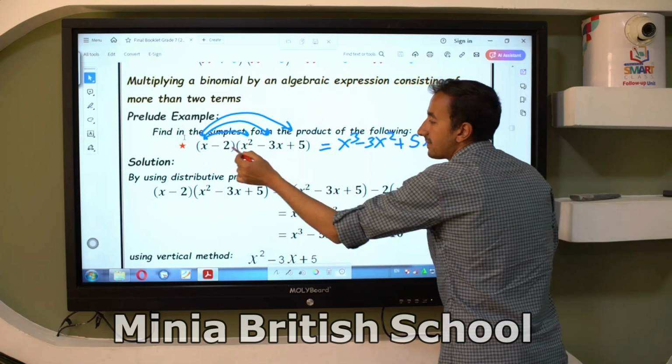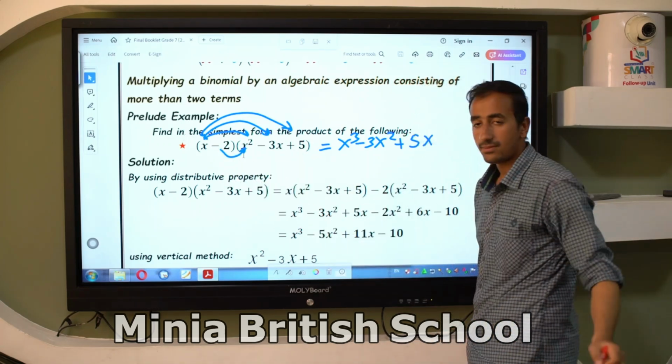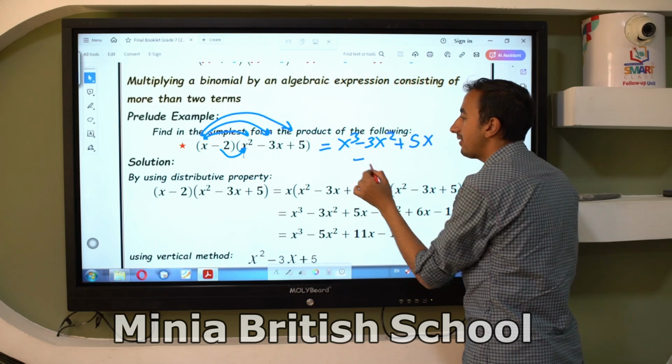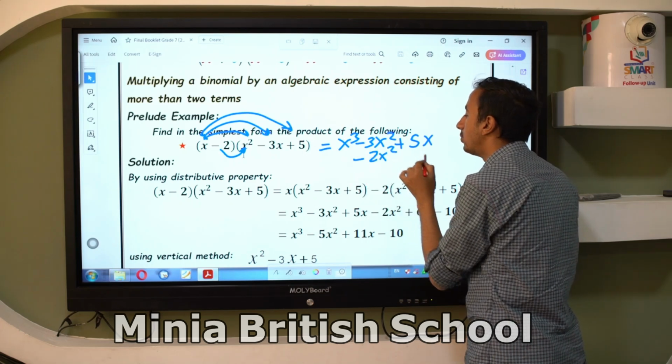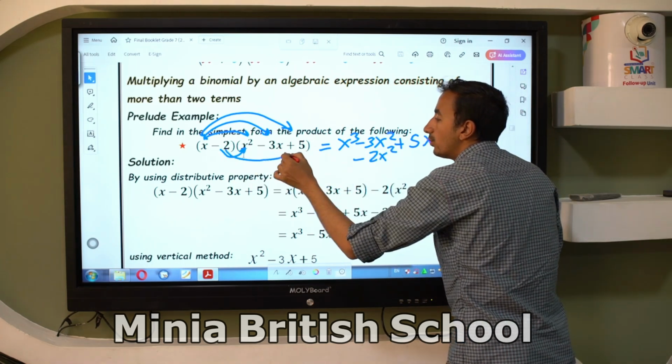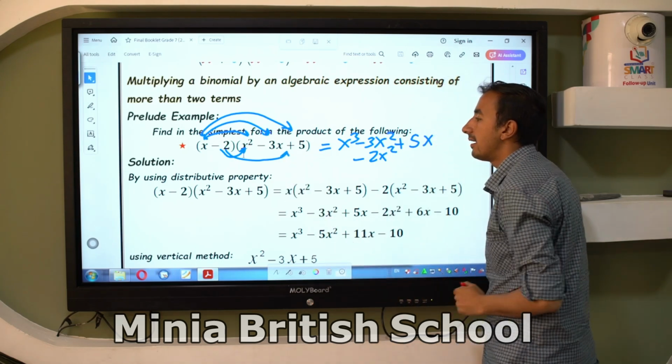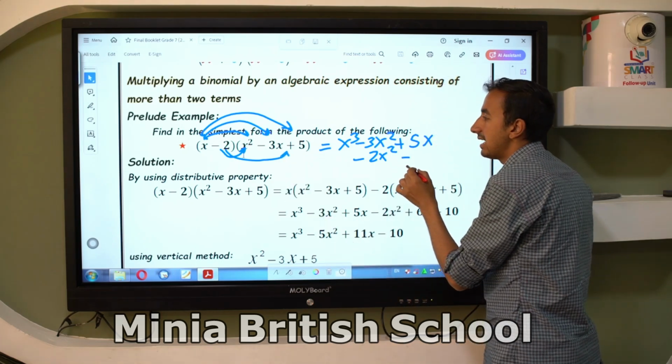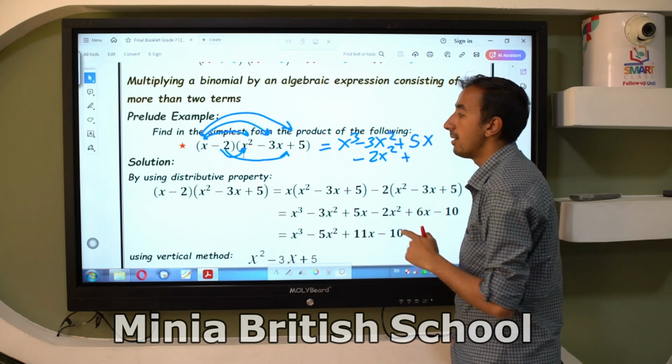Okay, here negative 2 times x power 2, negative 2x power 2. Negative 2 times negative 3x, negative times negative is positive, positive 6x.